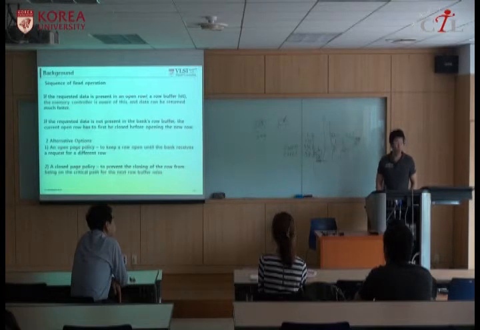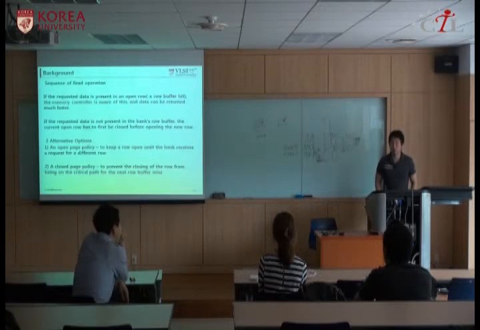Because the requested data is a portion of the row buffer data. So the thing is to optimize the architecture and operation to only read the requested data, not to read all the row buffer data.